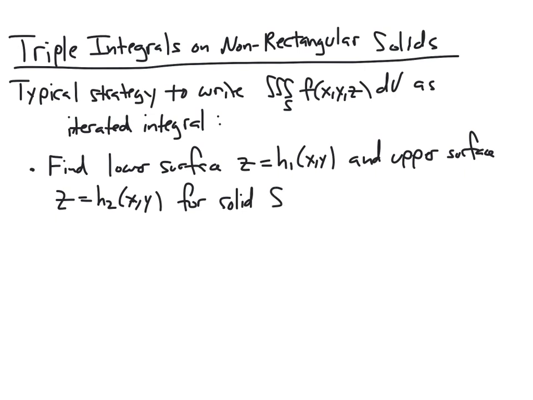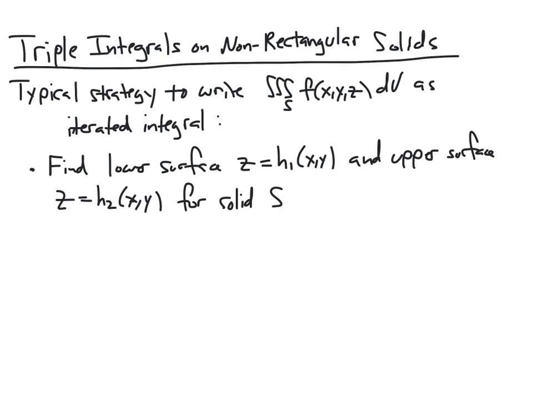So this is really no different than what you might do for other types of integrals. If you're finding the area between two curves in a single variable situation, the first thing you're probably going to do is figure out what is the upper curve and what is the lower curve, bounding the region that you're taking the area of. We did the same thing with double integrals.